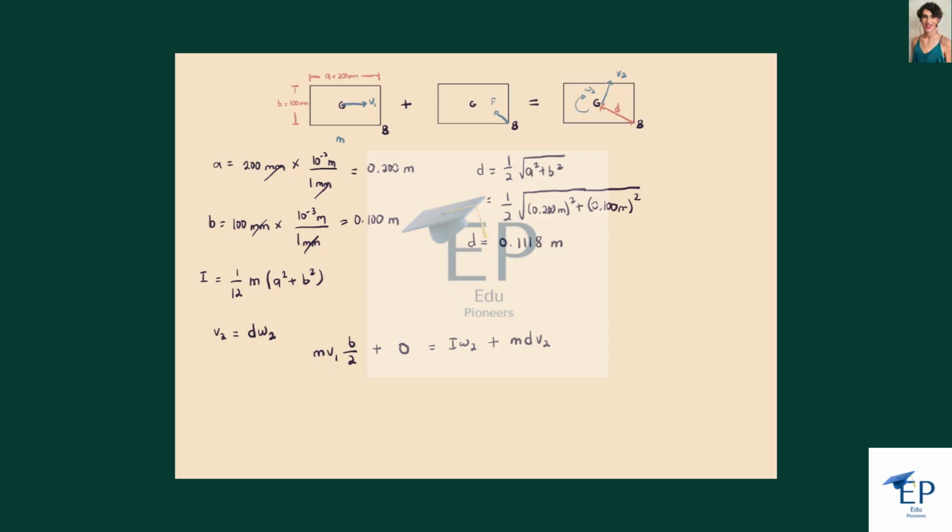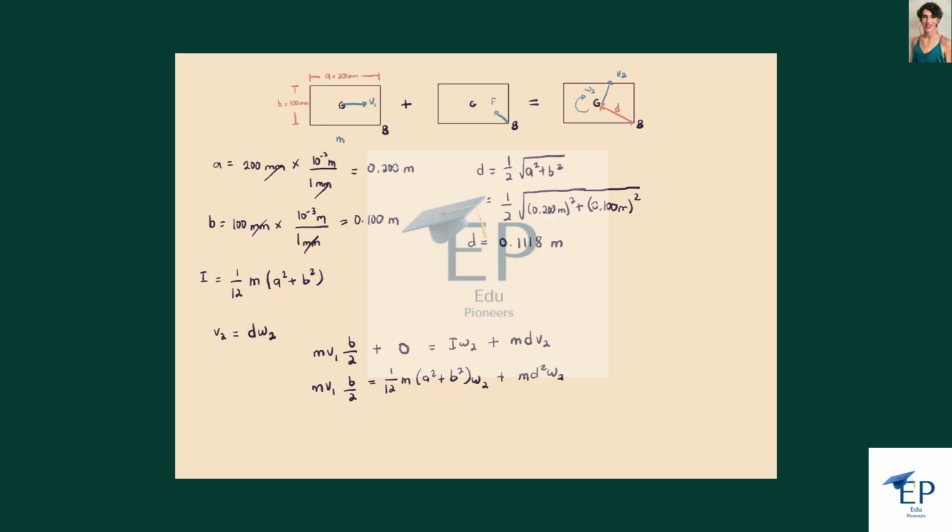Replacing I with the equation for the moment of inertia and replacing v2 with d omega 2, this equation becomes m v1 b over 2 equals 1 over 12 times m times a squared plus b squared times omega 2 plus m d times d omega 2, which is m d squared omega 2.